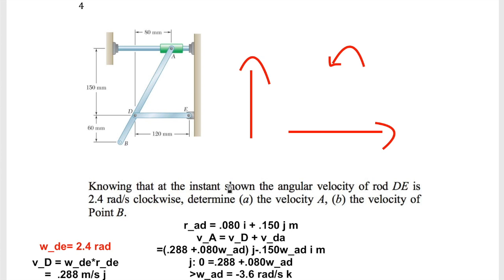We're asked to find the velocity at A and the velocity at B. So we just write down what we know. Since we know most about this D bar, we're just going to find the velocity at this point D, and all we're going to do is multiply this angular velocity times this radius DE, and we get 0.22 meters per second in the j direction.